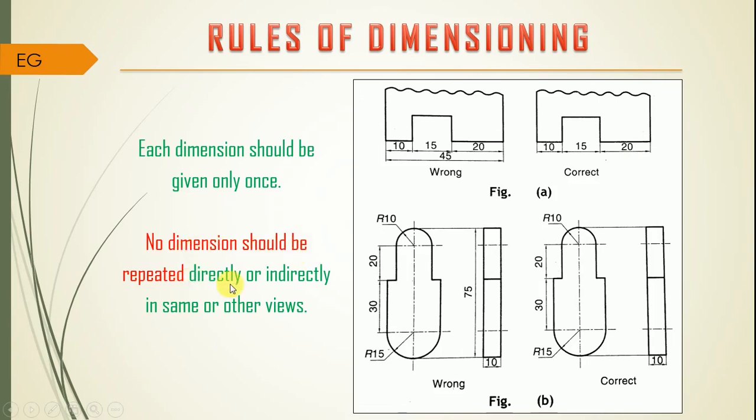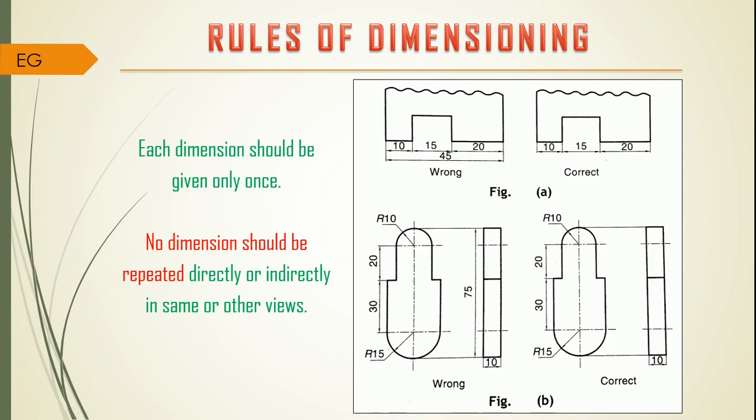No dimension should be repeated directly or indirectly in the same or other view. Again here you found this is one view, say front view, and this is say side view. So this is 30 mm, this is 20 mm, 30, 20, 50, radius 10, 60, and again this radius 15, 75 mm. So the 75 mm dimension is reflected in the front view, and again in the side view you are showing it 75 mm.